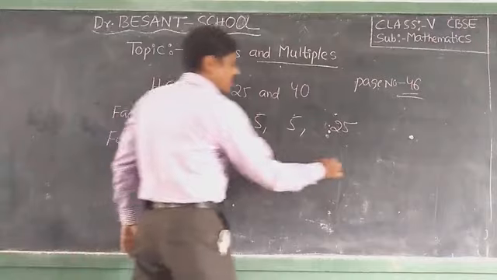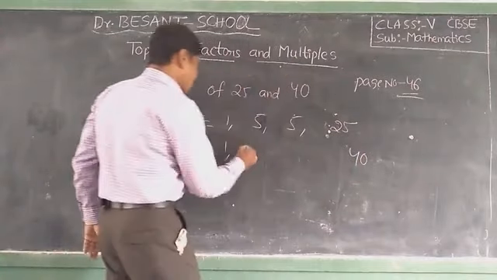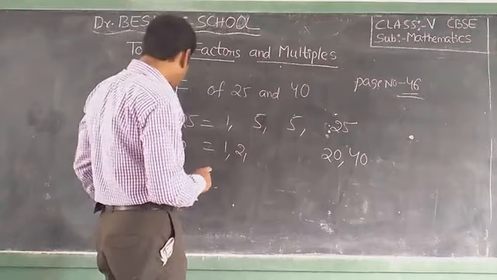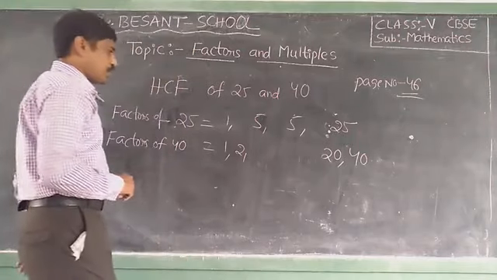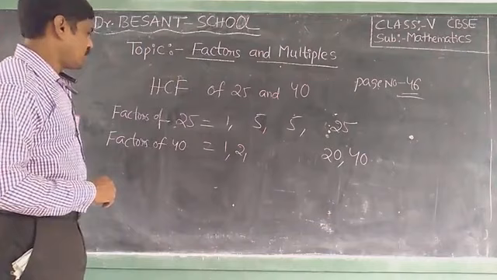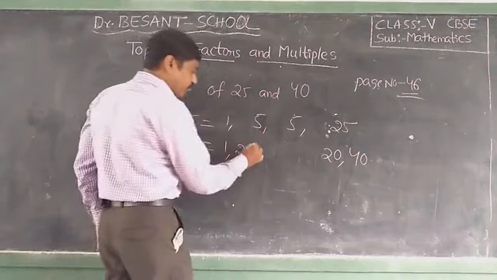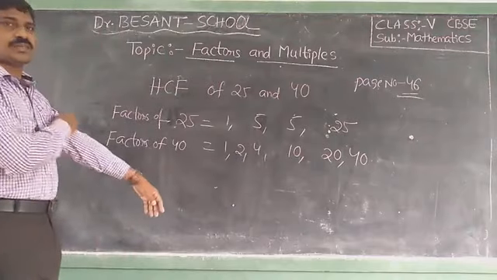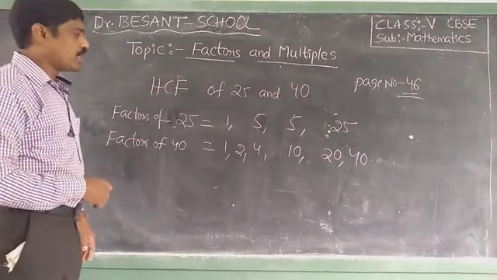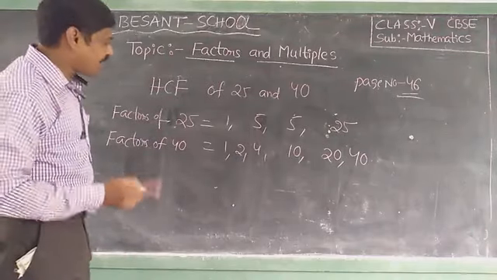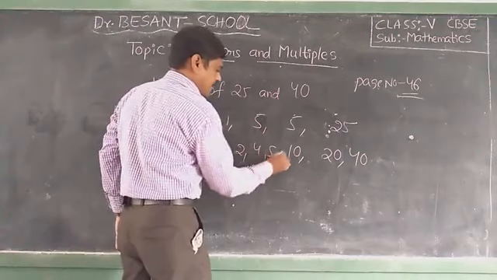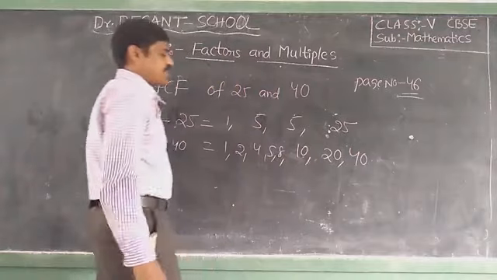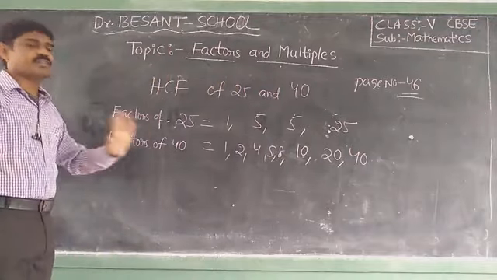Next, 1 forty is 40, 2 twenties are 40. Anything else? No. 4 tens are 40. Next, 5 eights are 40. So these are the factors of 40.